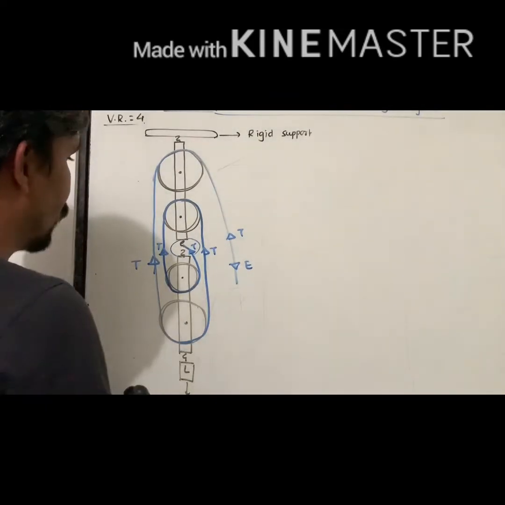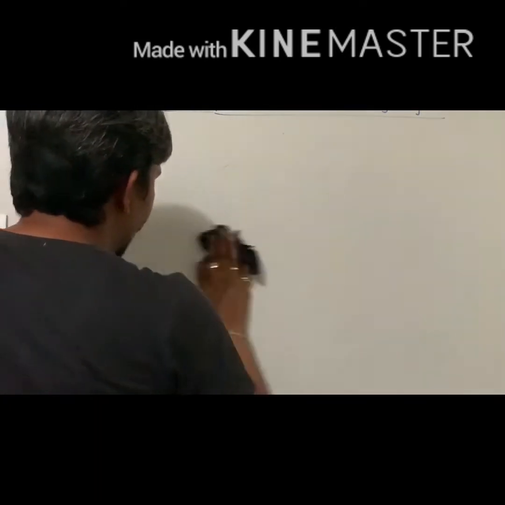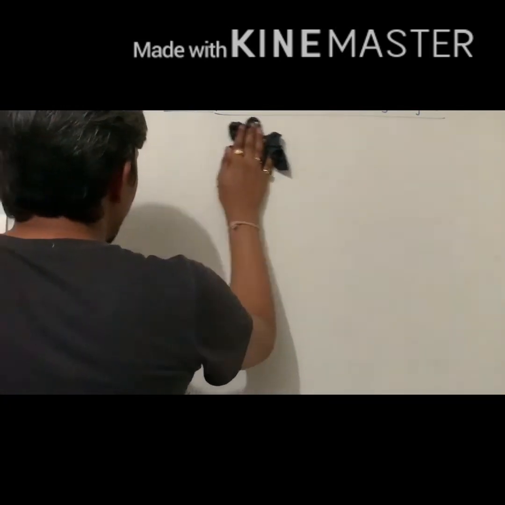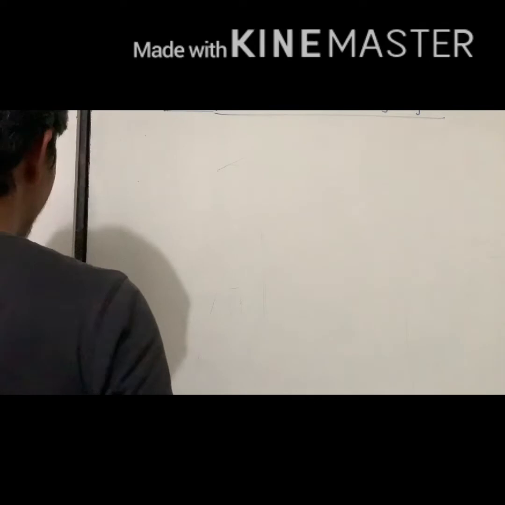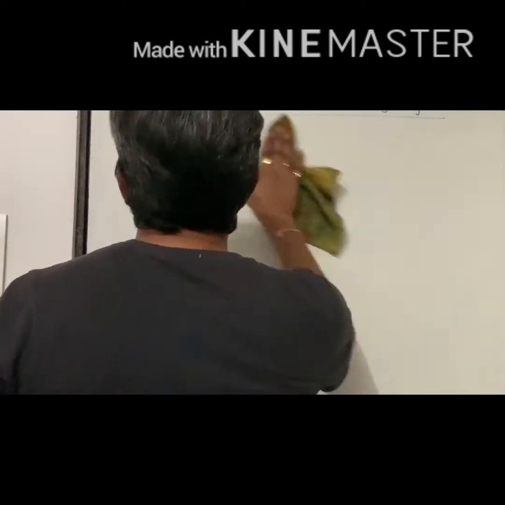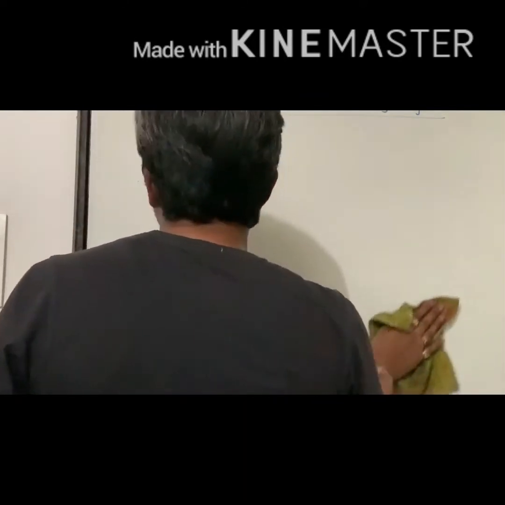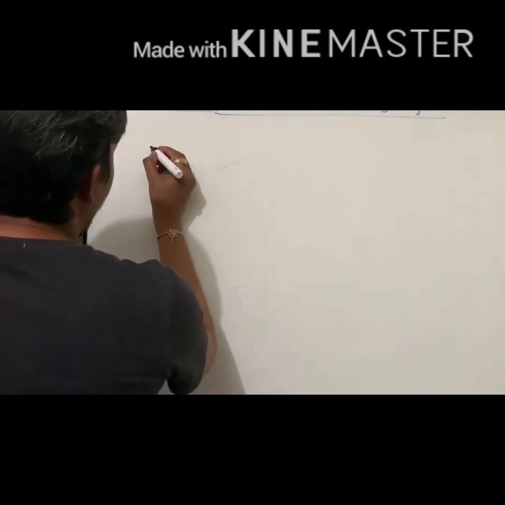Now next we'll go with the system of pulleys. It will be a system of pulleys where you have more number of pulleys connected one after another. Right? That is 2 raised to n. This is the last numerical, 11th numerical of part B. Now here you have, this is the rigid support.